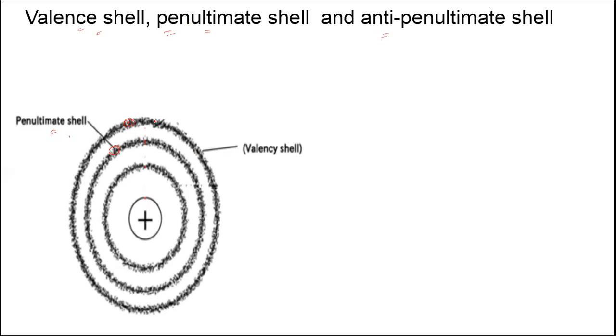Here this outer shell is valence shell and one before the valence shell is penultimate shell. If the value of valence shell is n, the value of penultimate shell is n minus 1. If we consider the value of valence shell is equal to 5, then value of penultimate shell will be 5 minus 1, that is 4.